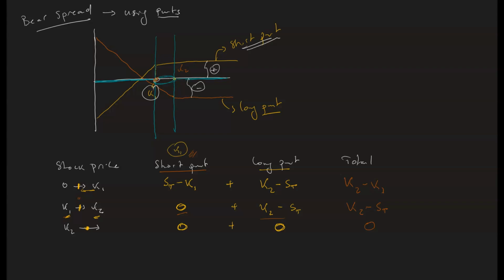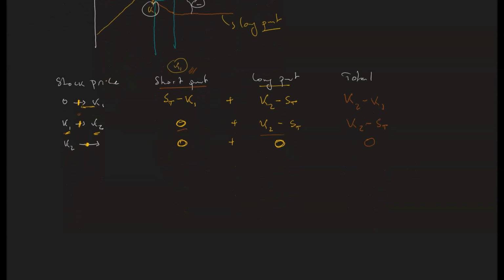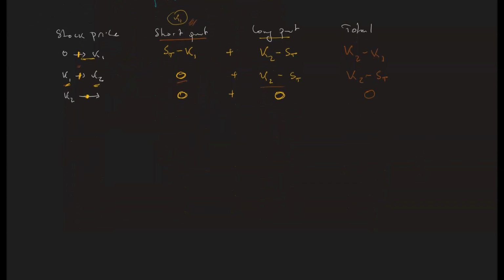Alright, so let's try to put some numbers to this. Let's say we're just going to be making up these numbers really quick. Let's say we have the long put with a strike price that we're going to call K2. Remember, our long has a higher strike price.